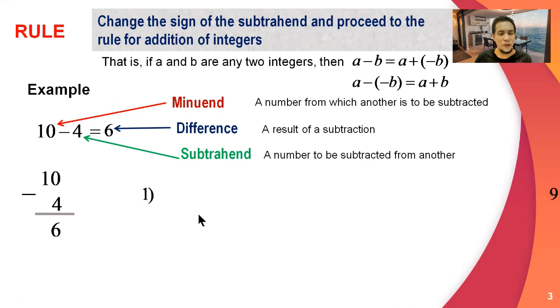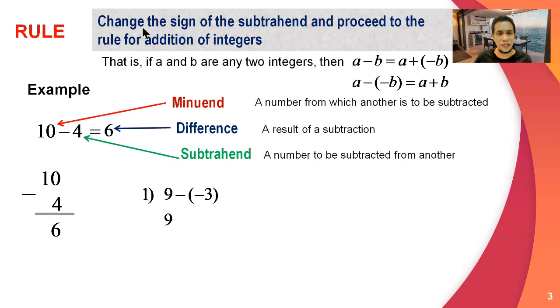We have example number 1. 9 minus negative 3. This is in subtraction expression. Now we're going to convert this to addition expression. So we apply the rule.